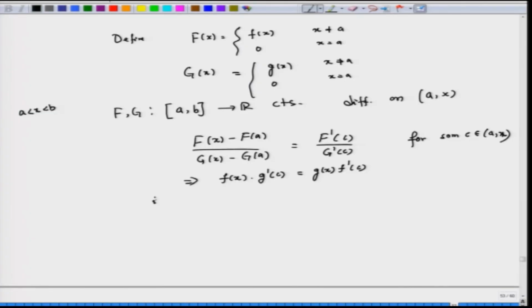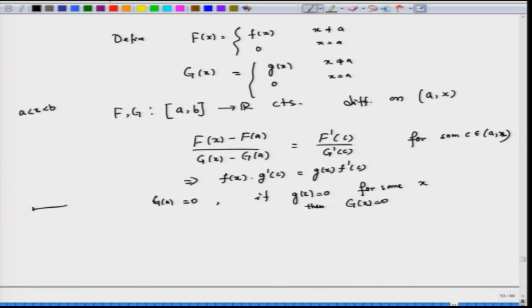So, now we know that G of a is equal to 0. Now, if G of x is equal to 0 for some x, then capital G of x is also equal to 0.